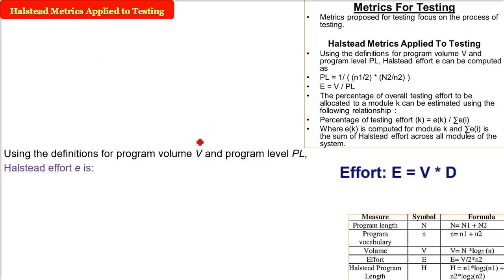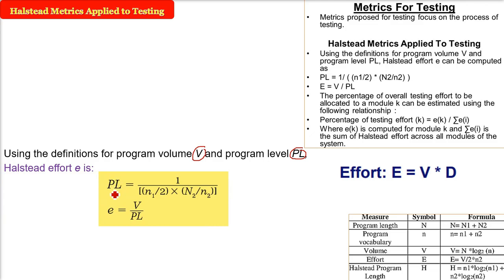When we apply it to testing, Halstead gives us the effort. We have volume and we have the program level. He says the program level is 1 by n1 by 2 plus n2 by N2. This is nothing but L, the volume ratio, and 1 by this is nothing but difficulty.